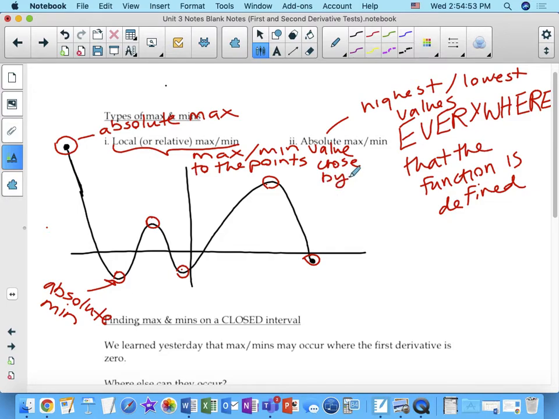It's like saying there's the richest person in the world or there's the richest person in Calgary, right? This would be the richest person in Calgary. Locally, it's the highest point.